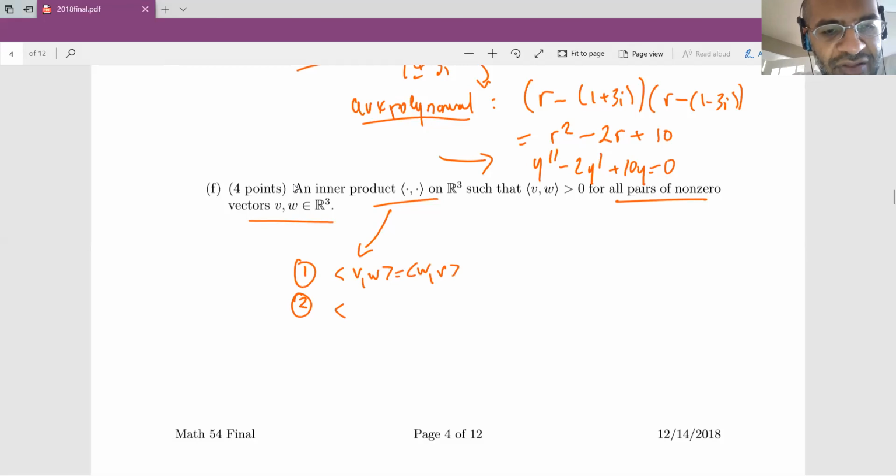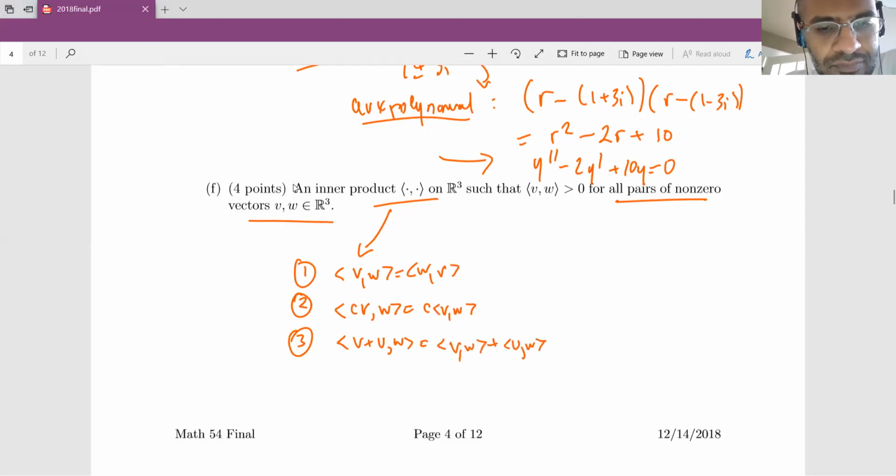Another is that if you scale one of the vectors, it's linear. The third is it's linear under addition. And the fourth is it's always non-negative if you plug in the same vector. So now this is the interesting thing. You don't know anything else other than these 4 properties, right? So how would you use these 4 properties to prove that no such inner product exists?